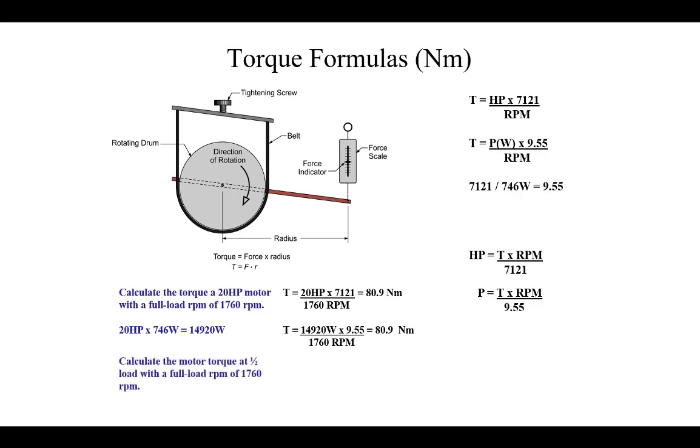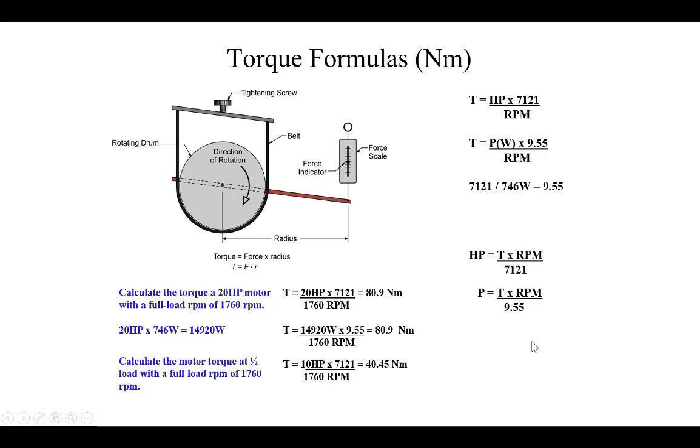If you were asked a question where the motor torque is at half load instead of full load, half load would require half the power of the motor, so you just need to use half the horsepower rating of the motor to solve this. In the end, you should see something like this. So torque should be fairly straightforward as long as you know the formula and can rearrange it fairly easily.